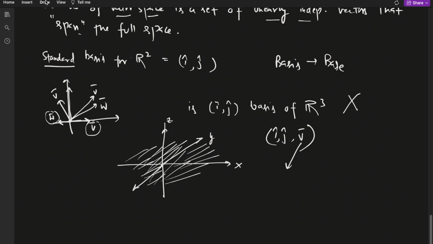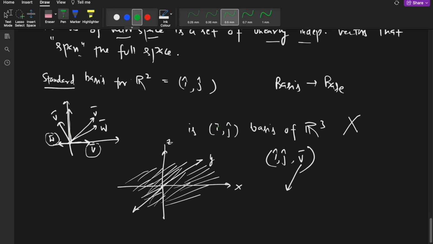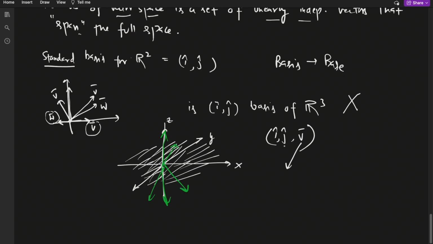So it could be this vector, this vector, this vector, any vector, but it should be outside the xy plane, right? And we know that the standard one is i hat, j hat, and k hat. K hat is nothing but the unit vector in this direction, right?